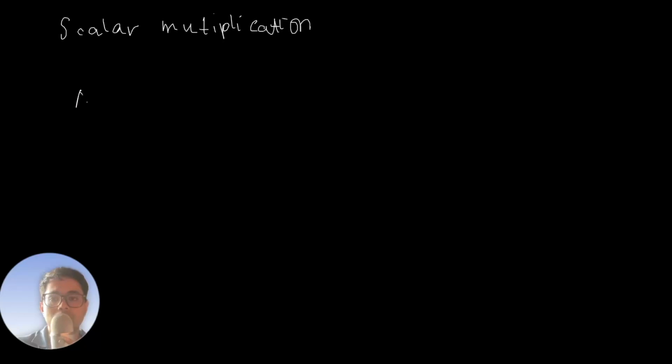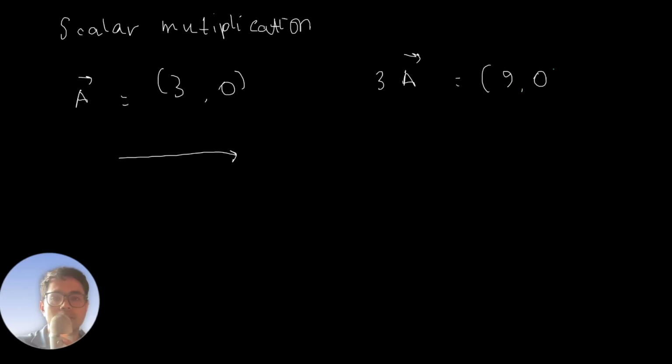For example, vector A is 3, 0, which means it's moving to the east. If we multiply A by a scalar of 3, then the length of the vector will be lengthened by 3, which means it will be 9, 0. So this would be longer.